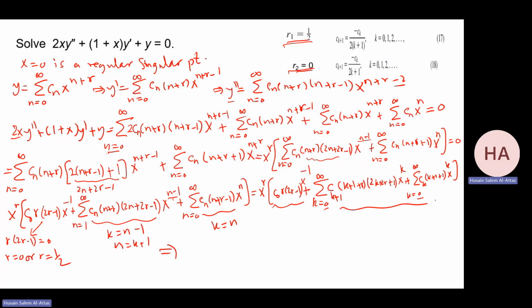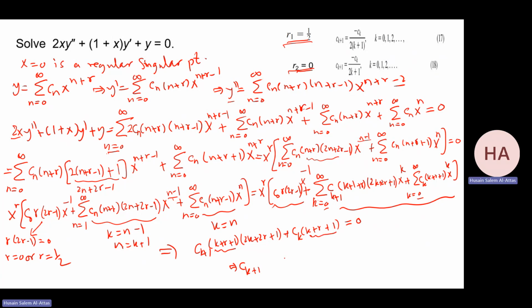Now I need this relation. So I have c_{k+1} times (k plus r plus 1) times (2k plus 2r plus 1). Notice I have the same thing, so I can combine in one series. This is equal to 0, and c_{k+1} cannot be 0.